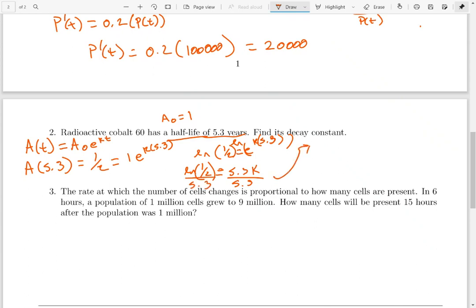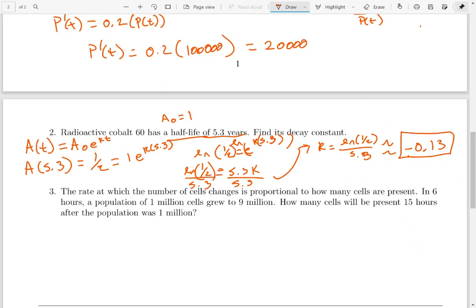That's then going to give me that k is equal to the natural log of 1/2 divided by 5.3. And if we want an approximation, I get that my decay constant is approximately negative 0.13. Pay attention to the decimal rounding.